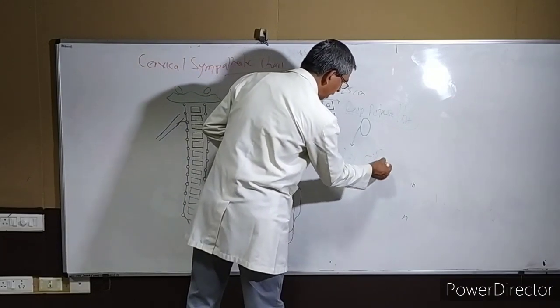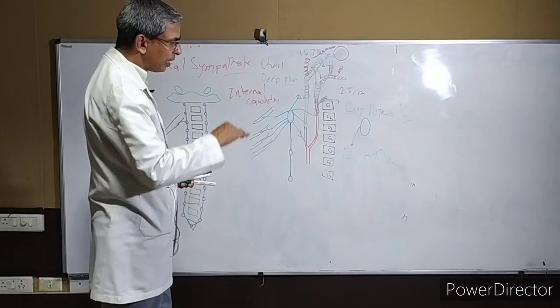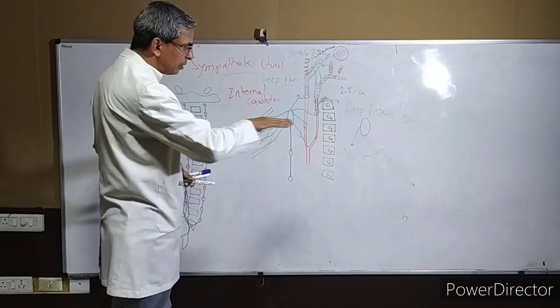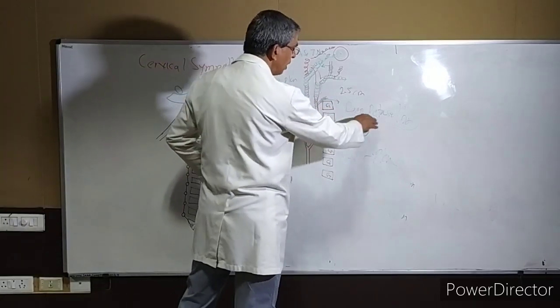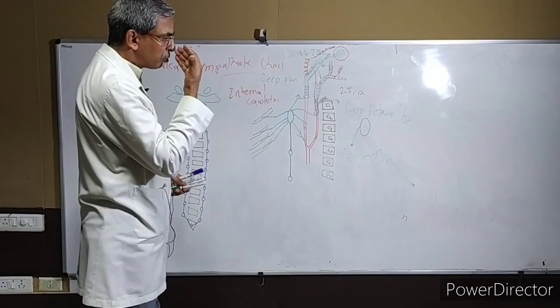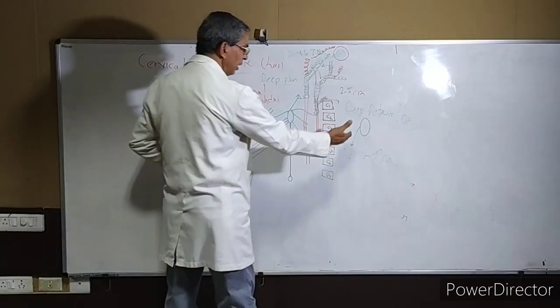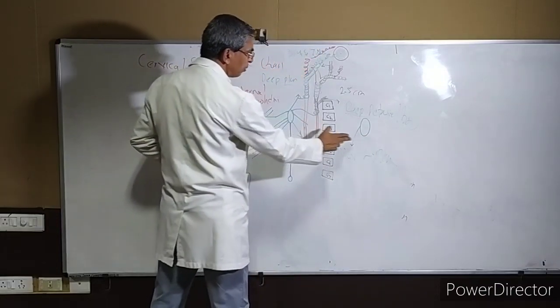Through the nerve of the pterygoid canal, it passes through the pterygopalatine ganglion and reaches into the orbit and supplies the blood vessels of the orbit as well as the nerve to the lacrimal gland or the mucous membrane of the nose as well. Clear? So this is the sympathetic fiber that passes through the deep petrosal nerve.